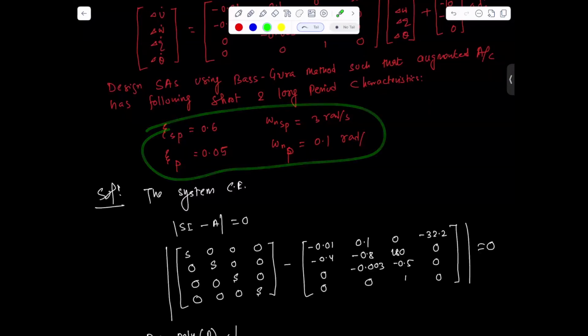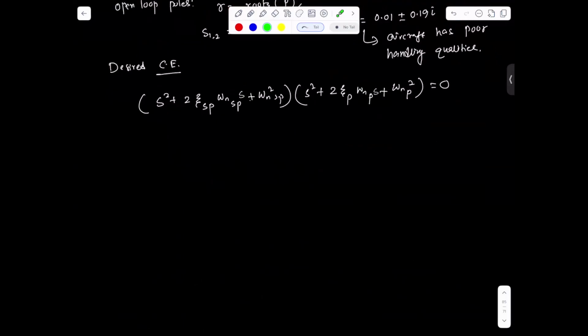So substituting the values of zeta and omega n, we have s squared plus 3.6 s plus 9, into s squared plus 0.01 s plus 0.01, equal to 0.